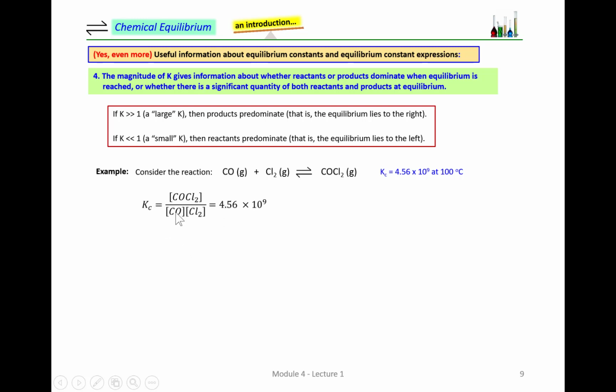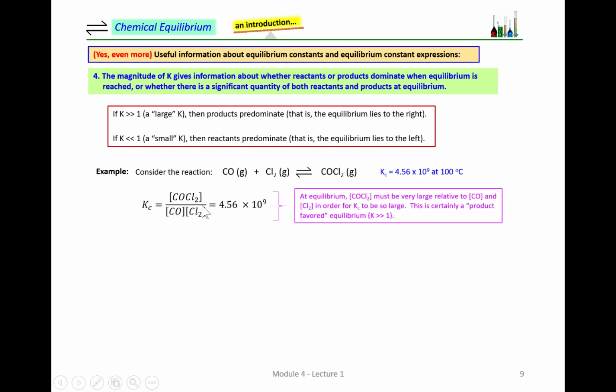Now, if this is true, it means that at equilibrium, the concentration of COCl2 must be very large relative to the concentration of CO and Cl2. In other words, at equilibrium, there's a huge amount of product and a very tiny amount of reactant left. That's the only way you'd get this large of an equilibrium constant. So we'd say this equilibrium is product favored. It favors the right side at equilibrium.